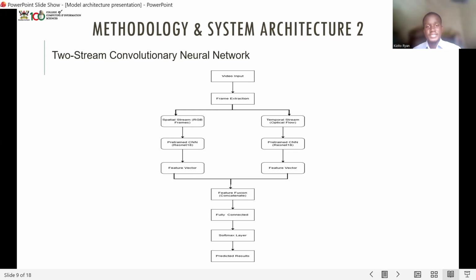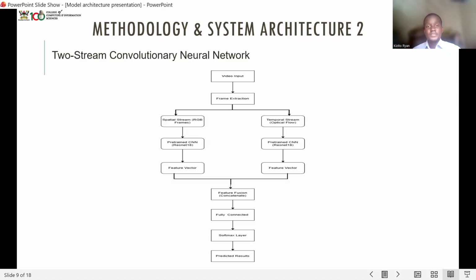It will still do the same thing, which was our step two in the previous model, even here, which is frame extraction. Here it will extract frames or images from each of the videos, and still extract the same number of frames per video to ensure that the model will receive consistent input.